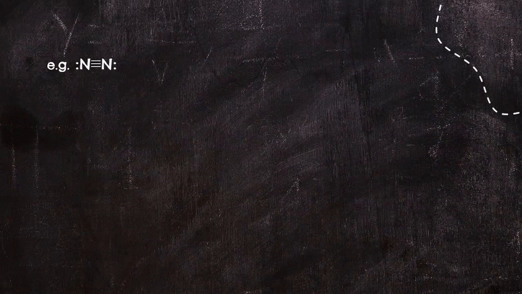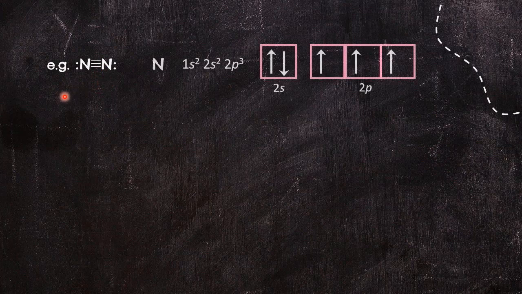Let's try a molecule with multiple bonds. The Lewis structure of N2 suggests there's a triple bond formed between two nitrogen atoms. Out of the 3 bonds formed, the first bond will form a sigma bond, while the second and third bonds will form pi bonds. Since we have exactly the same atom, it's enough to draw the valence orbital diagram once.